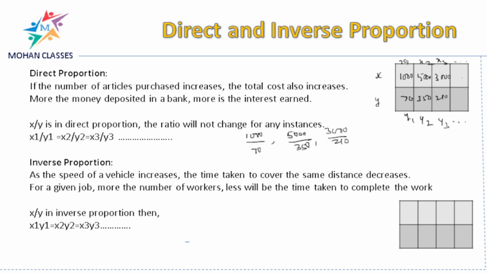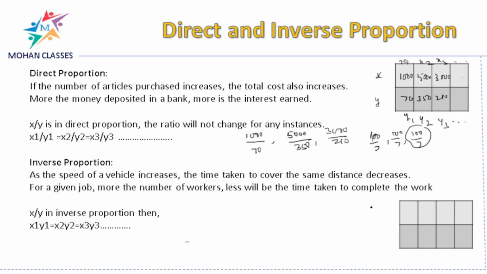You will get the same ratio. 1000 by 70, you will get 100 by 7. Here also you will get 100 by 7. Here also you will get 100 by 7. So the ratio will not change. If x and y are in direct proportion, the ratio will not change for any instance. This is called direct proportion. What about inverse proportion?